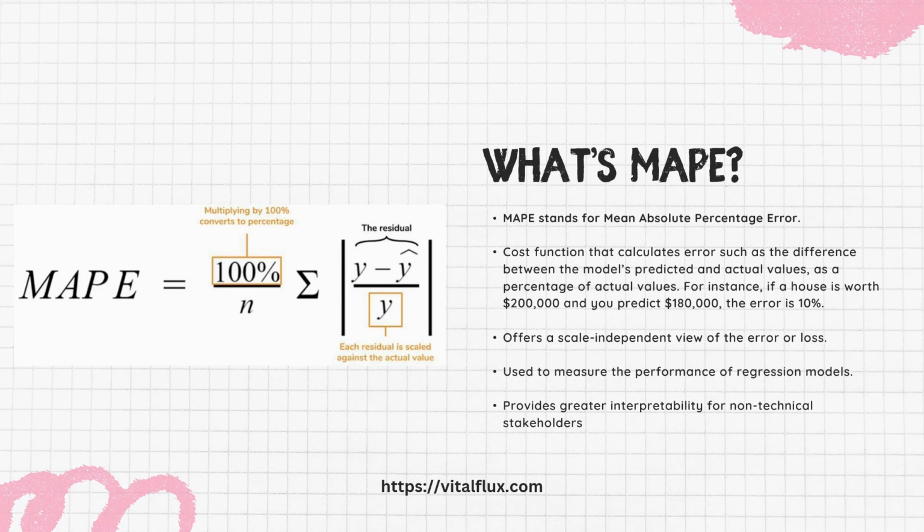For example, if the actual cost of the house is $200,000 and the model predicted value is $180,000, then MAPE comes out to be ($200,000 minus $180,000) upon $200,000 into 100, and that gives you an error of 10%.